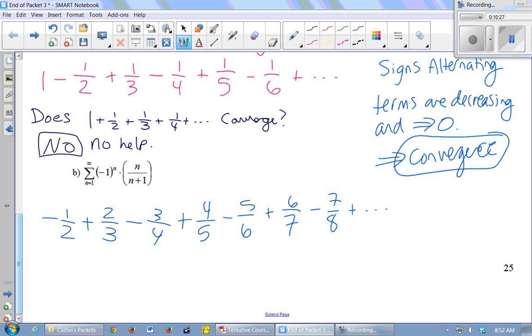What do you think? Ideas? Thoughts? You think it diverges? How come? Yeah, the terms are getting bigger, right? Yeah.